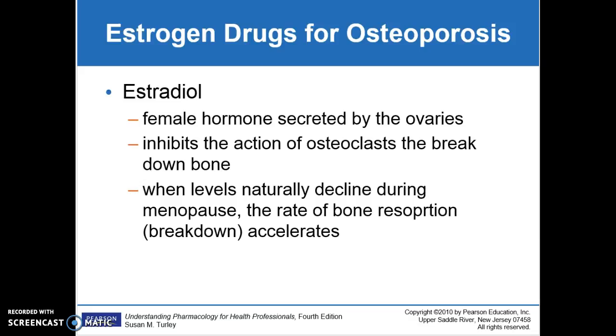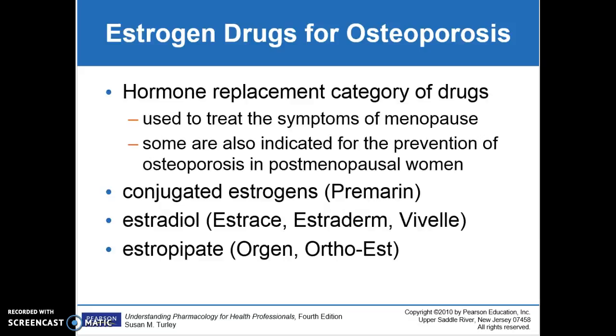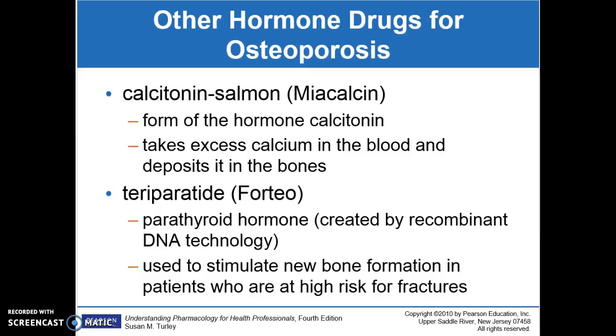That's why it's used in treating osteoporosis types of conditions. There's a few others, like Evista, but then we also have Estrace, Premarin, those types of drugs that are also used. There are other hormonal types of drugs used for osteoporosis, and here's just a couple of them.